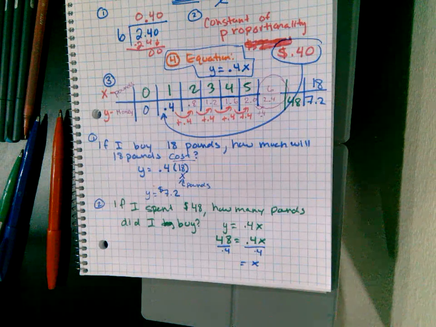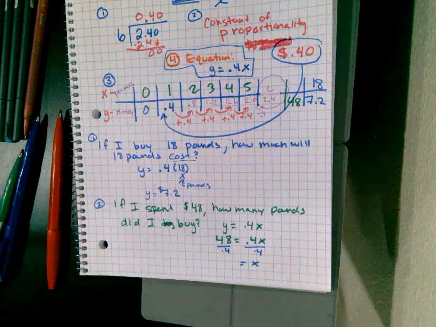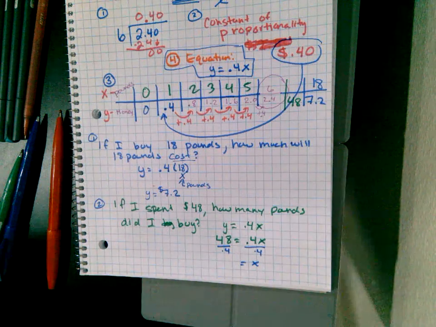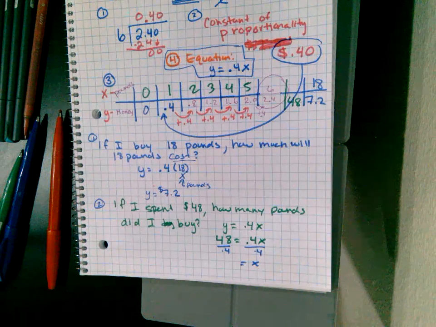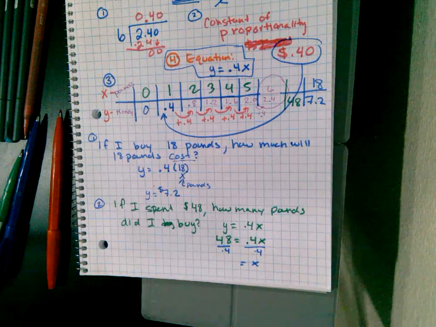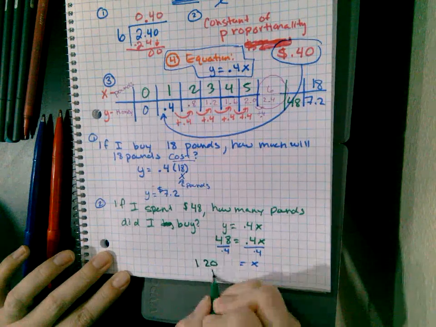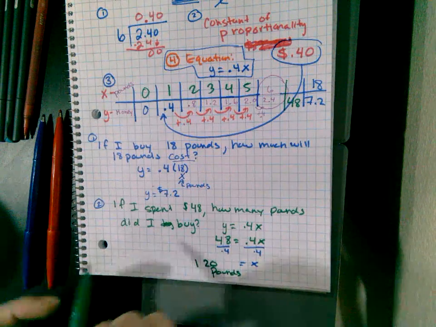So 48 divided by 0.4. How many pounds did I buy? I bought 120 pounds.